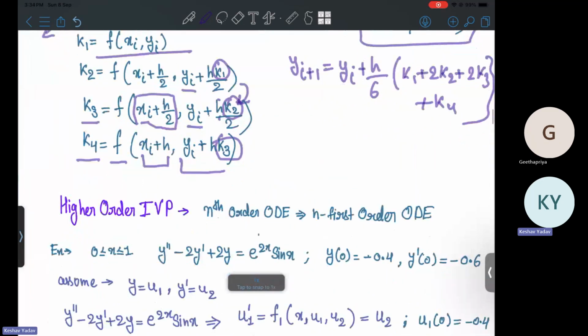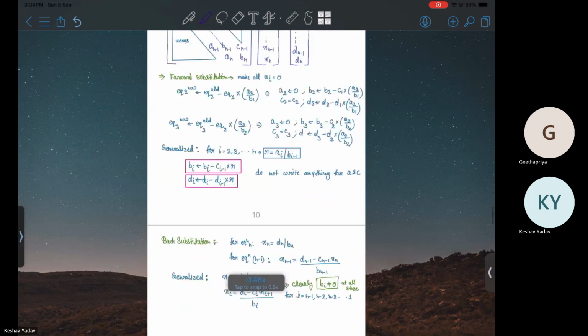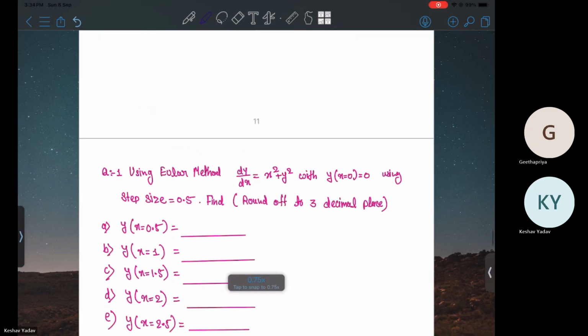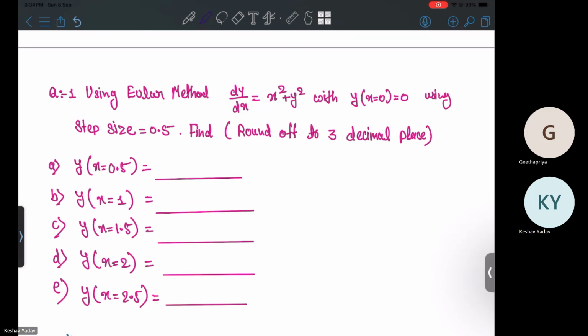using this method that has been discussed. So this is the first problem. Please try to solve it, and meanwhile I will also solve this. The problem is, we need to solve this using the Euler method: dy by dx equal to x square plus y square. The initial condition given is y at x equal to 0 is 0.